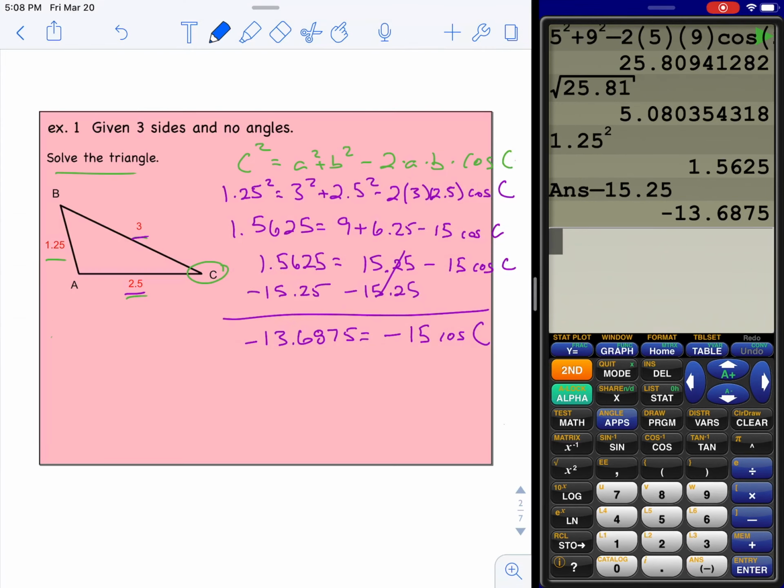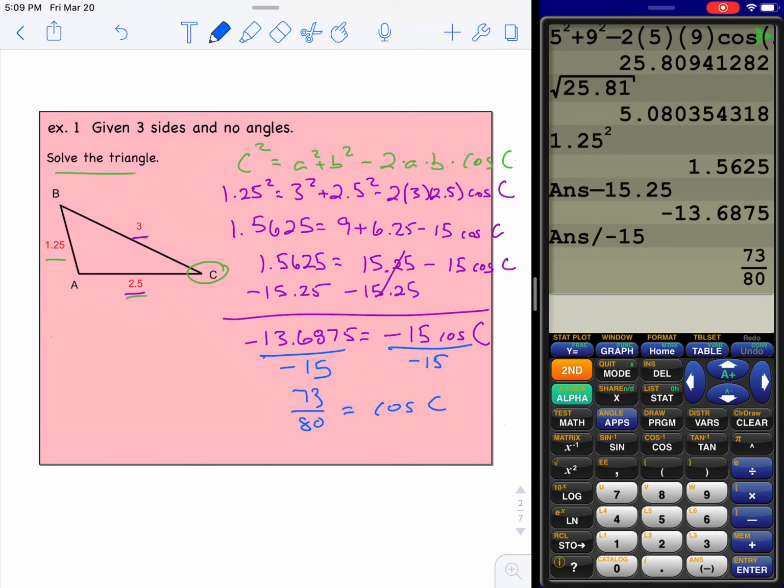Divide both sides by 15. And this calculator gives me this random fraction instead of a decimal, but that's fine.